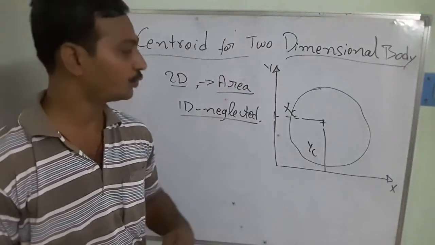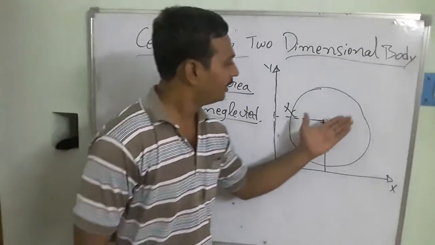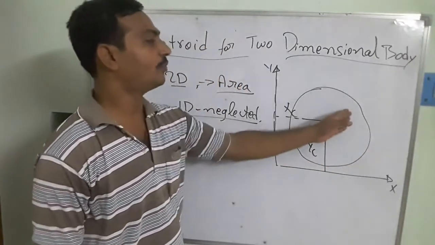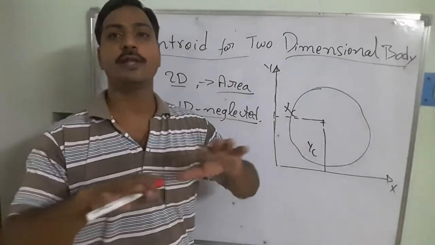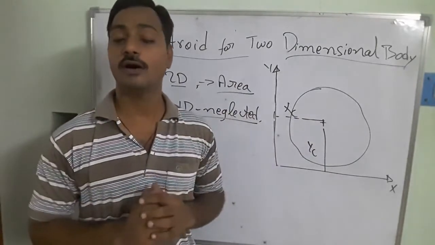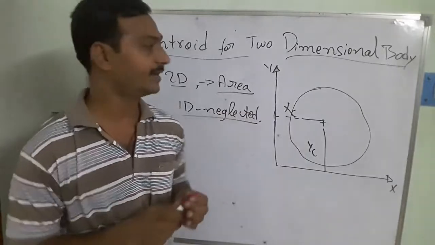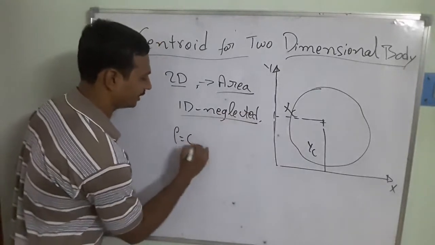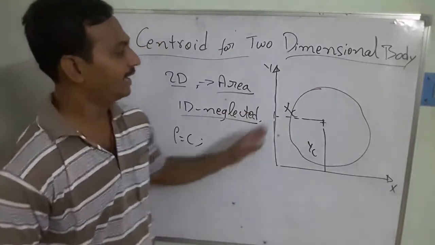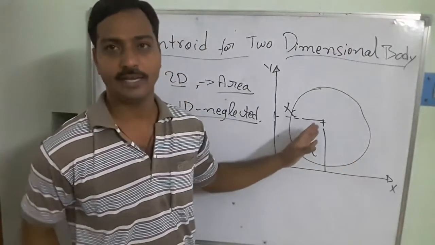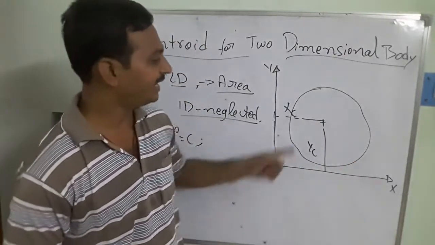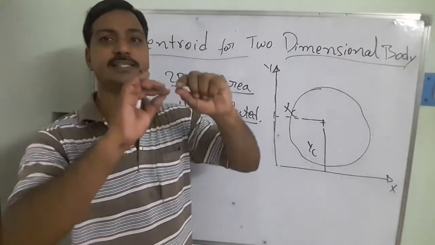In this case also, we assume that the given two-dimensional object, or the area, is uniform or homogeneous in nature. It means the density is constant here. The object is actually three-dimensional, so the thickness exists.